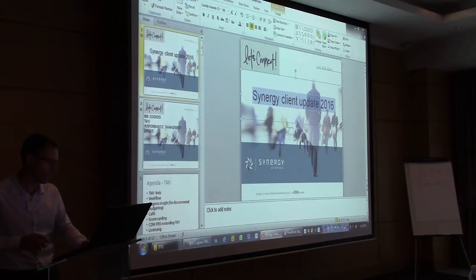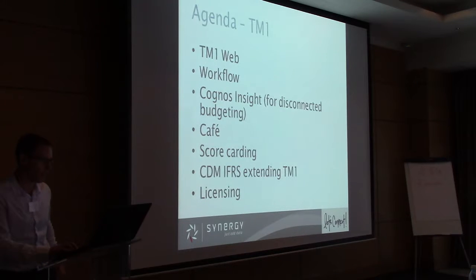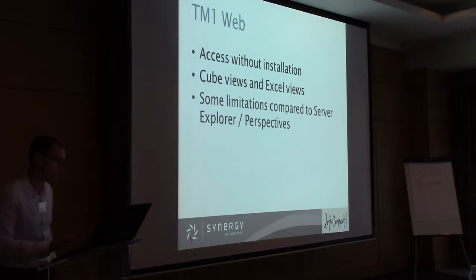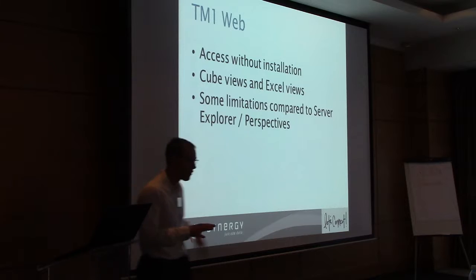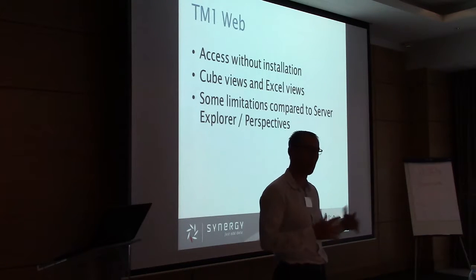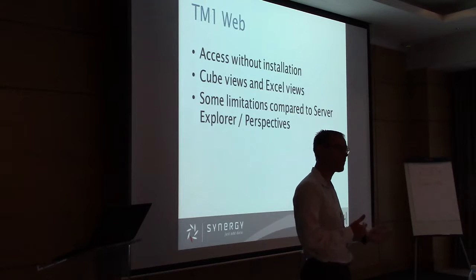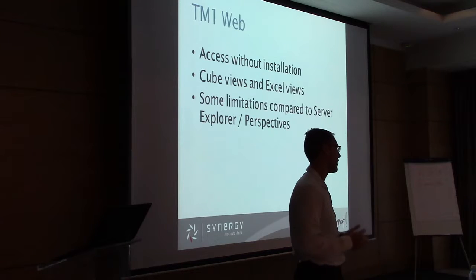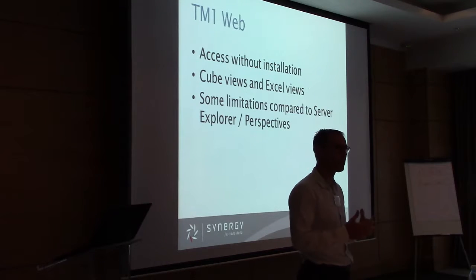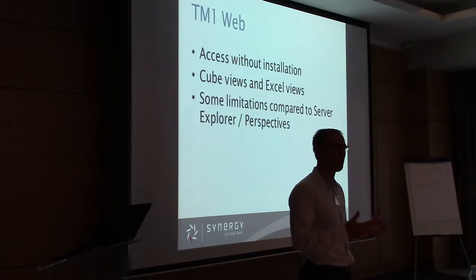So the first one is TM1 Web. For those of you that have users not in the office, right now our preferred method is to use a thin client, Terminal Services or Citrix, with users remoting in, which gives the full rich capability of the Excel perspectives.